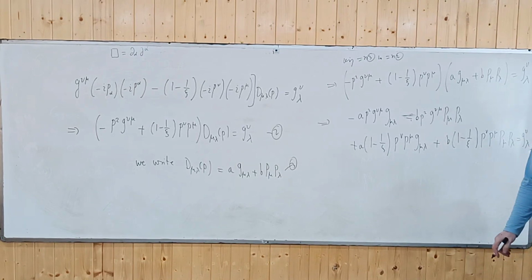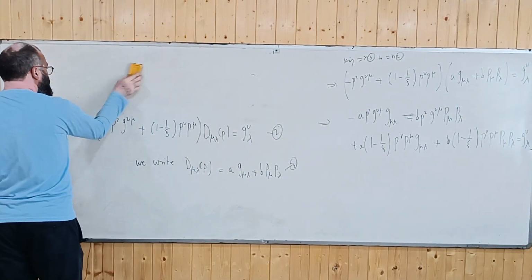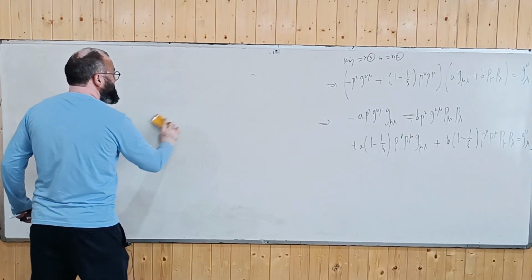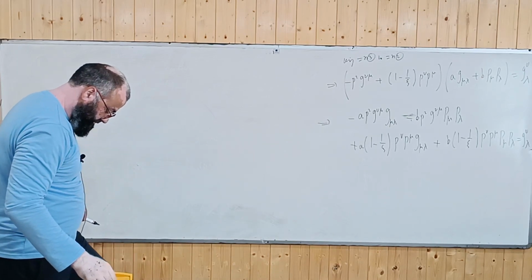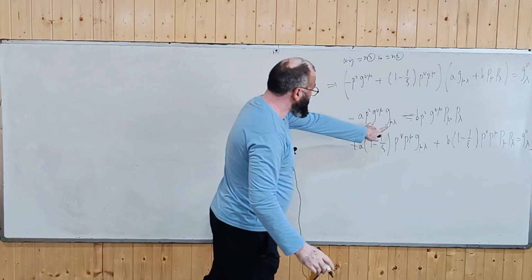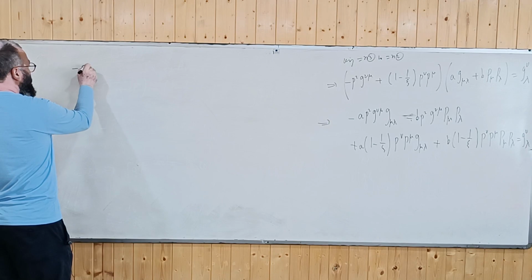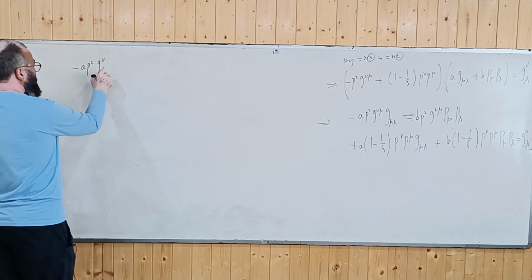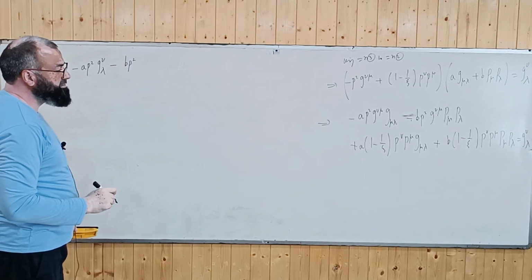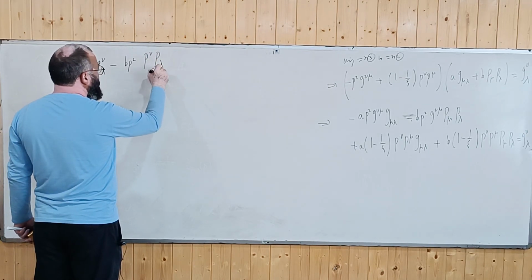Okay, let's simplify it. It will be g nu lambda, so minus a p squared g nu lambda. What is the next term? Minus b p squared g mu, where mu will be replaced by nu, so it will be something like p nu p lambda.